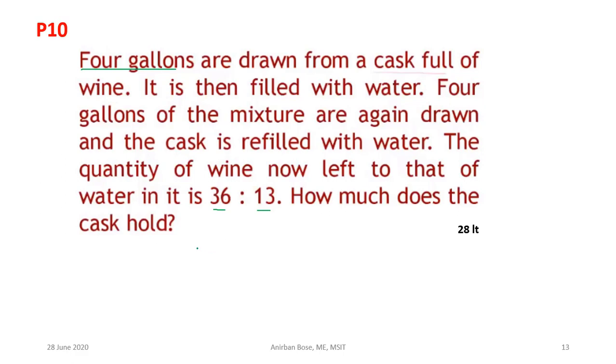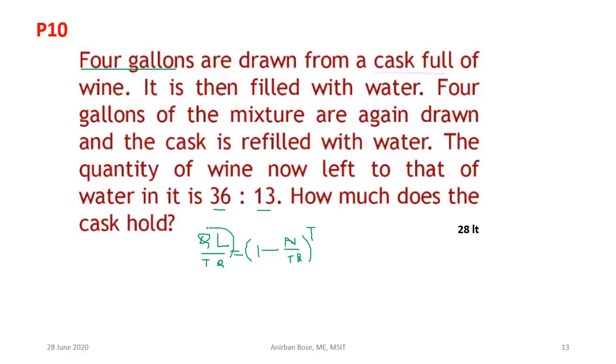If we want to apply the formula, the quantity left divided by the initial quantity, or the total quantity, is equal to (1 minus n, that means how much has been taken out in one turn, divided by the total capacity), whole to the power of the number of times this process has been repeated.